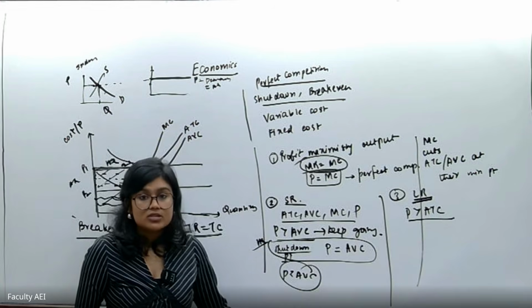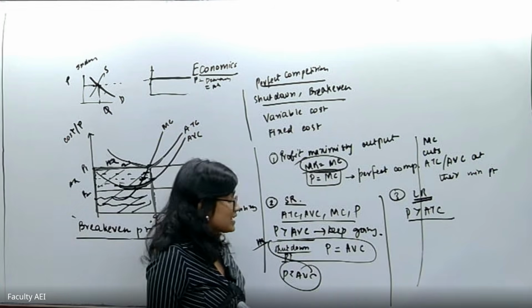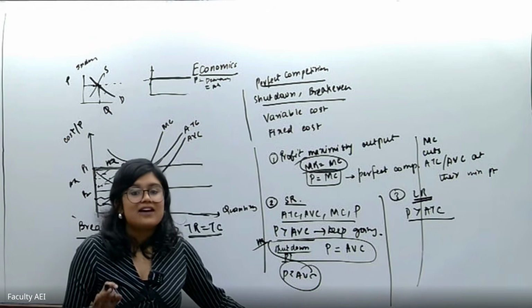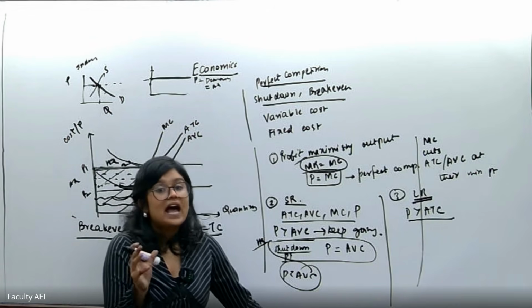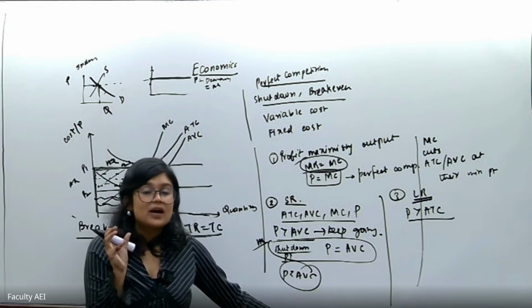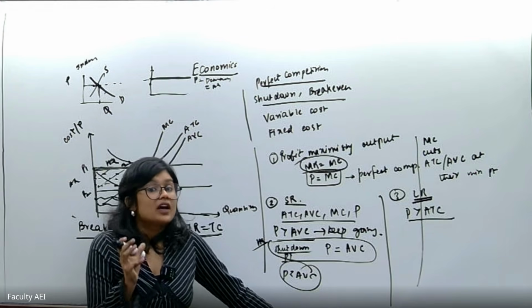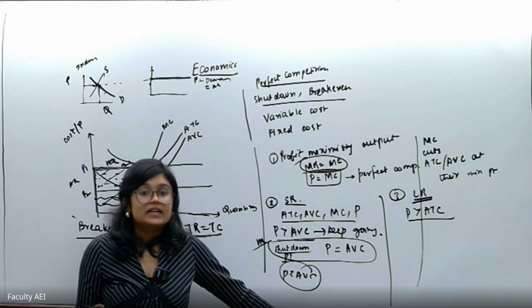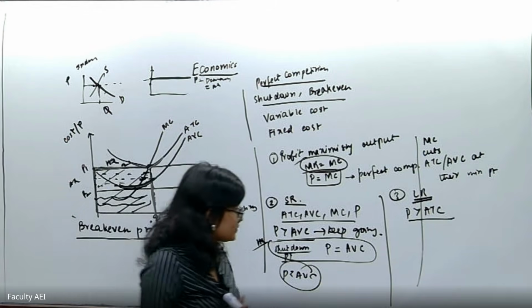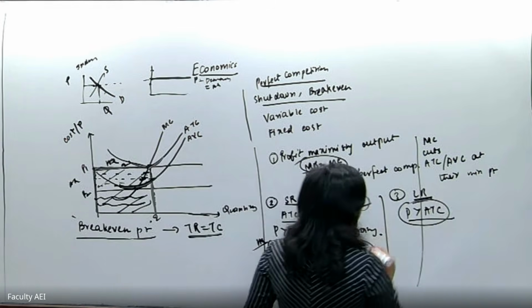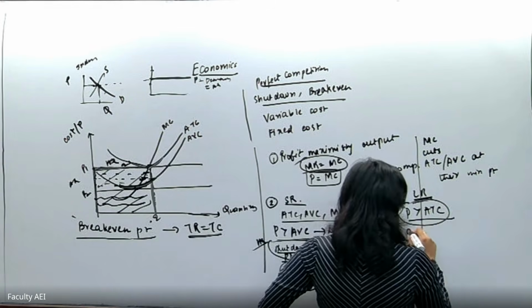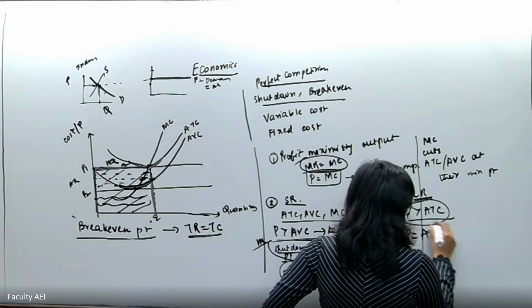Because the average variable cost is covered, but I would still have to bear some part of fixed cost, which, if I stop producing altogether, I could have just ignored. So in the long run, my shutdown point would be price equal to average total cost.